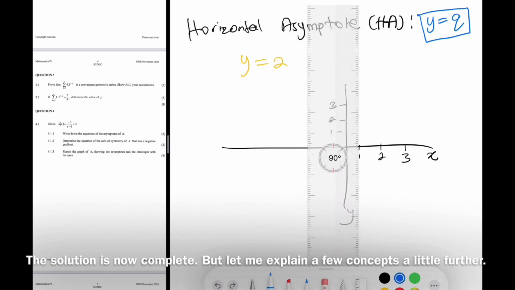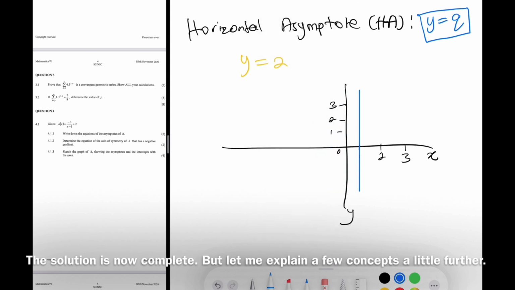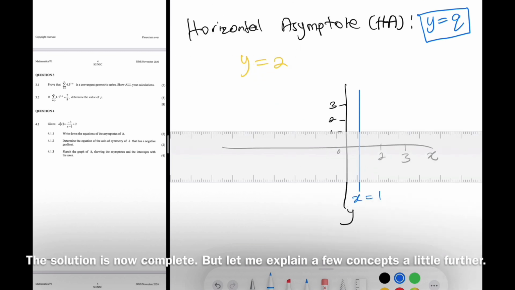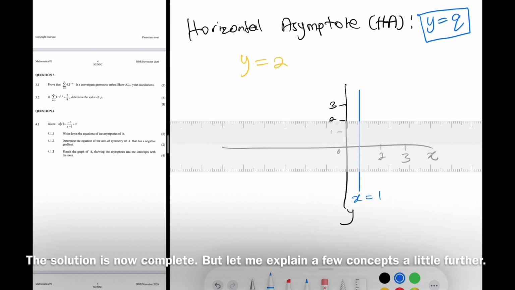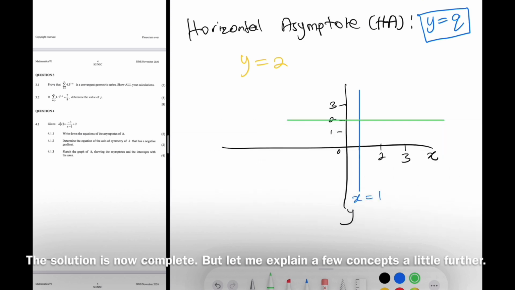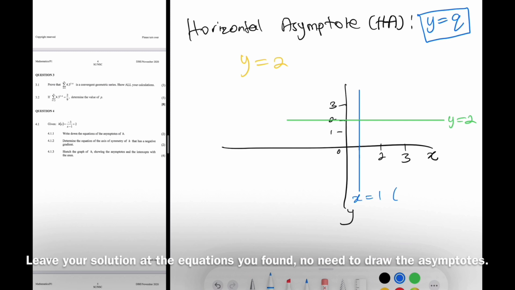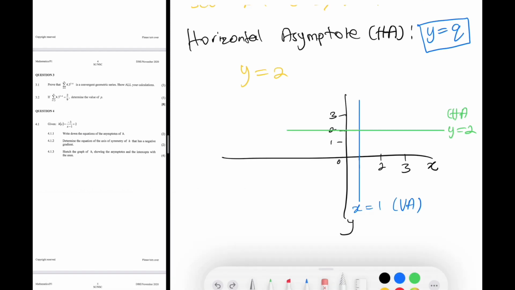And if you want the line y is equal to 2, this is what you get. This is the vertical asymptote, and this is the horizontal asymptote. So if you ever think you're forgetting which one is which, try picturing the graph in your mind.